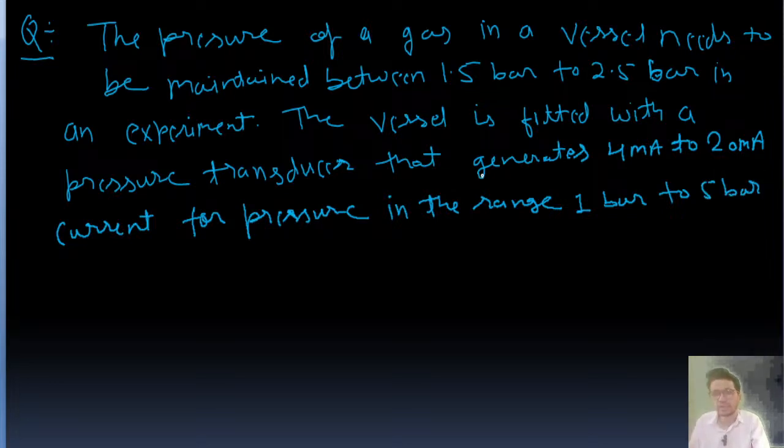Okay, so there is a pressure transducer that generates 4 milliampere to 20 milliampere current for pressure in the range 1 bar to 5 bar.